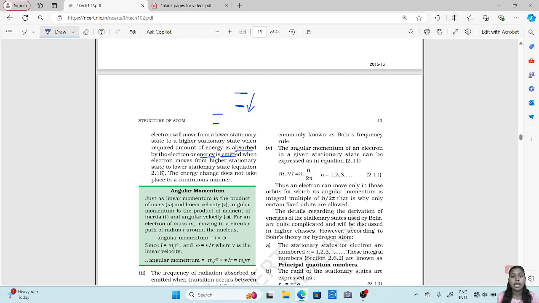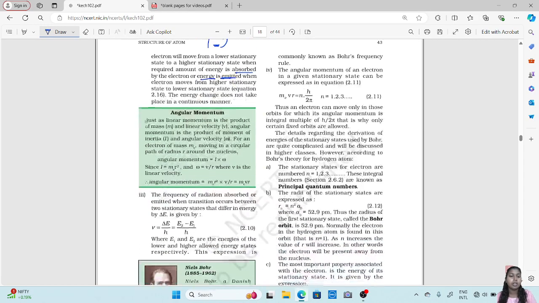So when energy is taken in, the electrons move from a lower energy level to a higher energy level, whereas when an electron emits energy, it comes from a higher energy level to a lower energy level. So the energy change does not take place in a continuous manner. It doesn't go on going up, coming down, going up, coming down. It is not continuous.